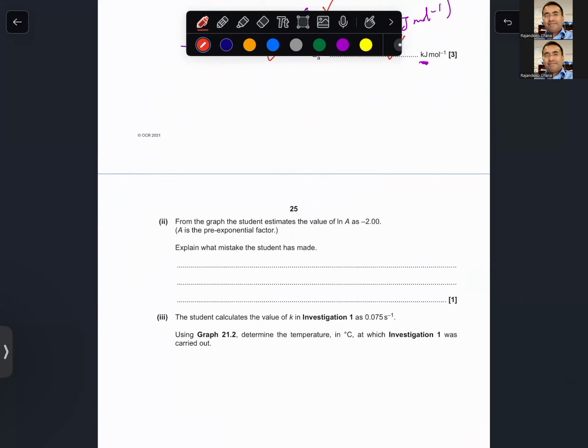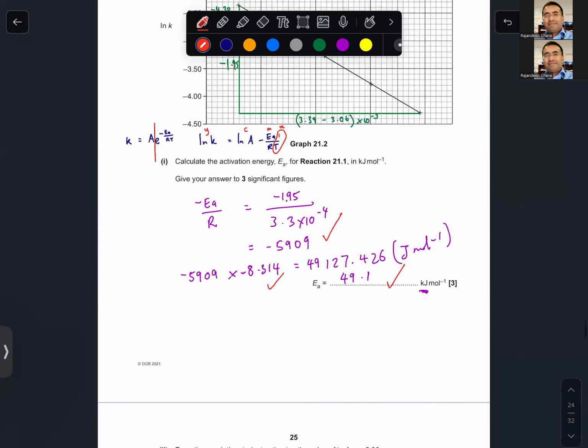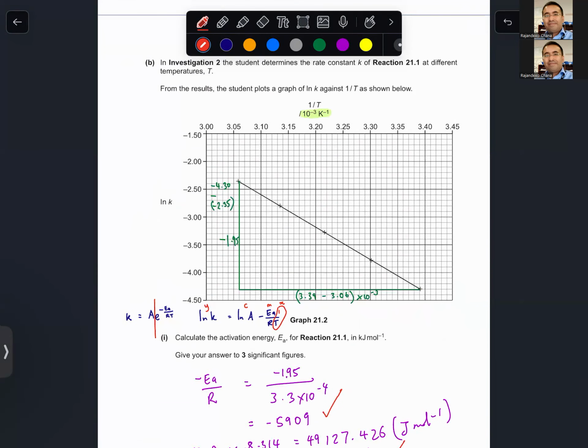From the graph, the student estimates the value of natural log A as minus 2. Explain what mistake the student has made. You see, natural log A is the intercept of the y-axis.